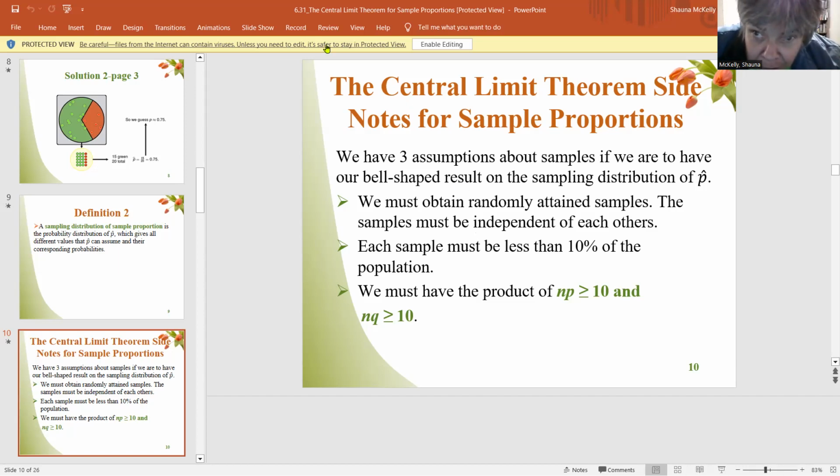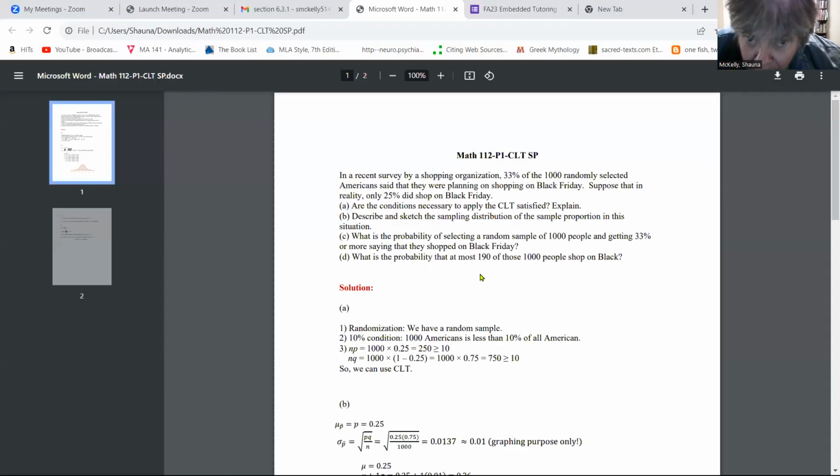If you go back to the problem, you want to look for that wording. So it says randomly selected. That's good enough. So we met this random. So what I usually say is I'll say something like this.